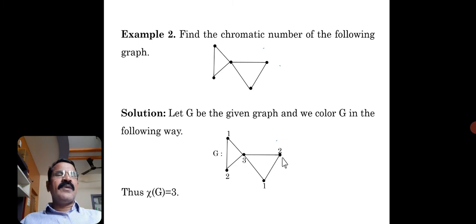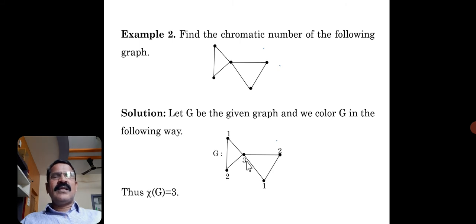In this way, if you consider this vertex, you cannot assign 3, but you may assign 1 or you may assign 2. So for example, first take this vertex. You cannot assign 3, but you can assign 1 as well as 2. So better consider 1. Now this vertex is adjacent with the two vertices colored by the color 1 as well as color 3.